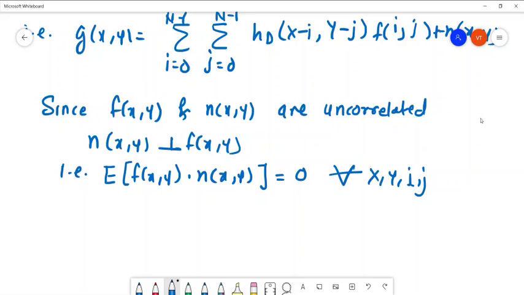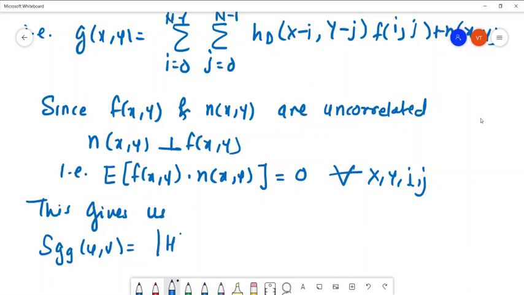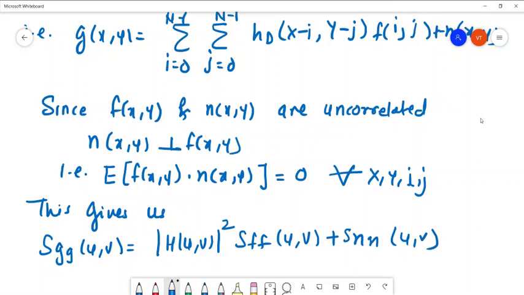So this gives us Sgg(u,v) equal to mod of H(u,v) squared Sff(u,v) plus Snn(u,v).